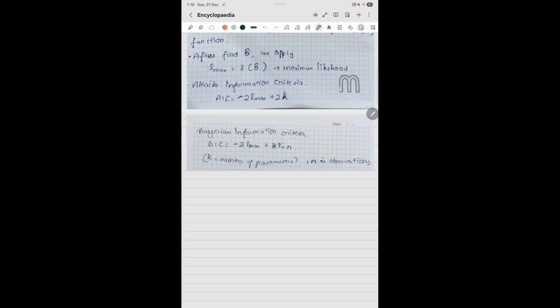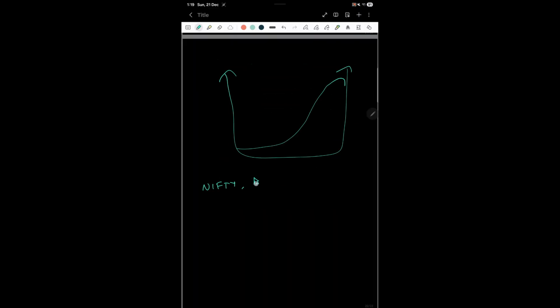From my point of view, I have taken two instruments, Nifty and Bank Nifty, and I found that the student T copula fit well according to their distributions, okay.